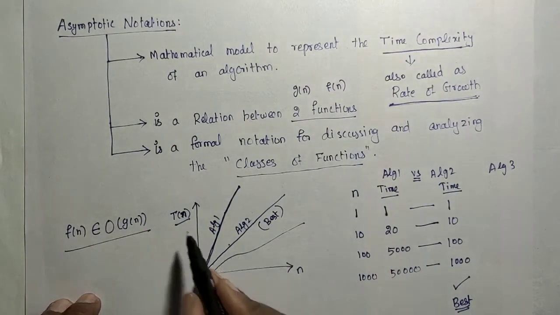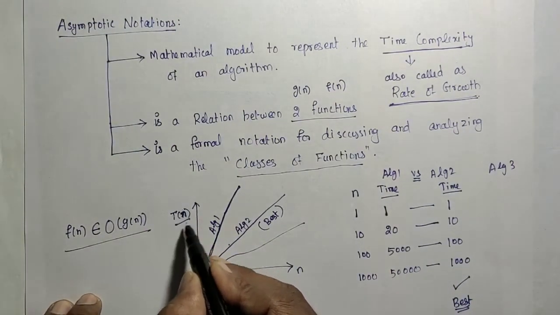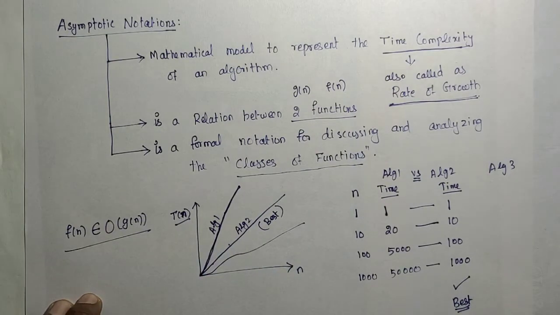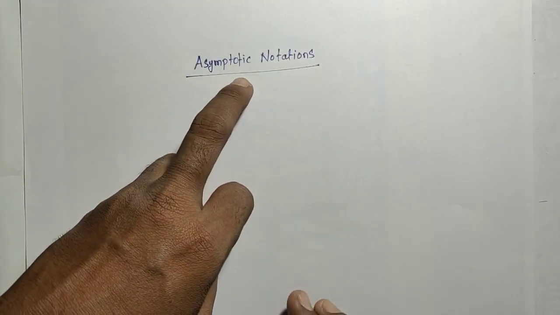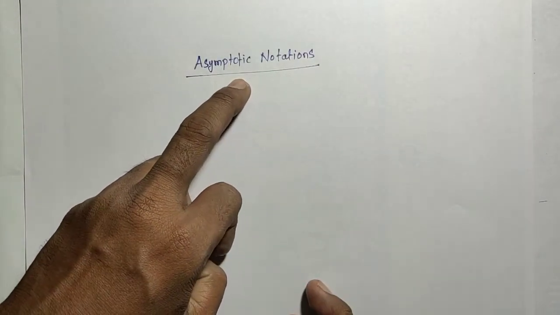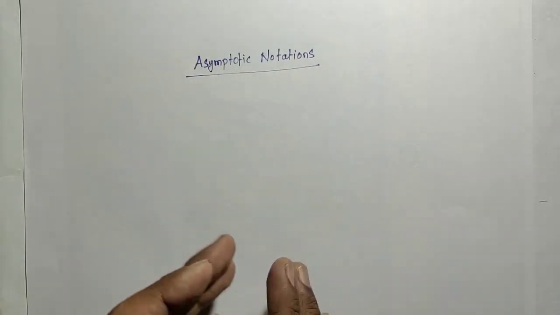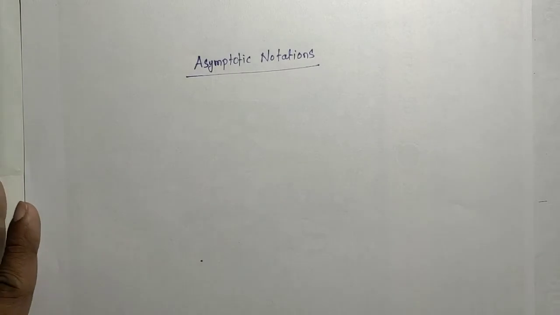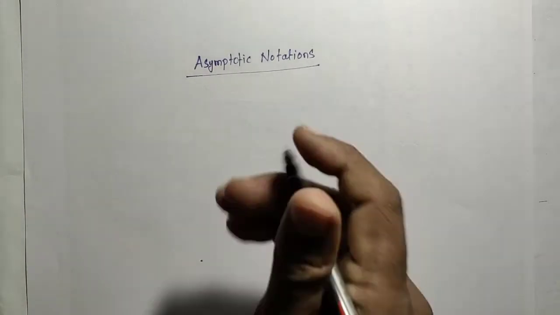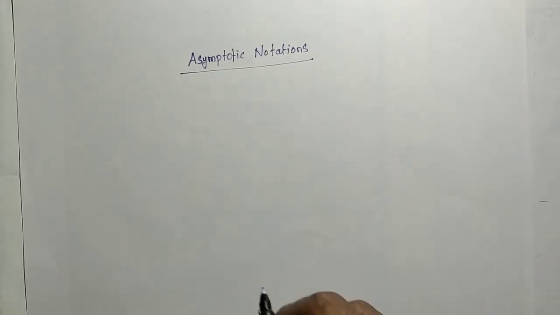This is actually used for representing the time complexity of an algorithm. First we will discuss what the different asymptotic notations are and their definitions. Then how we can relate these asymptotic notations to the time complexity of an algorithm. So first we will discuss the types and definitions.